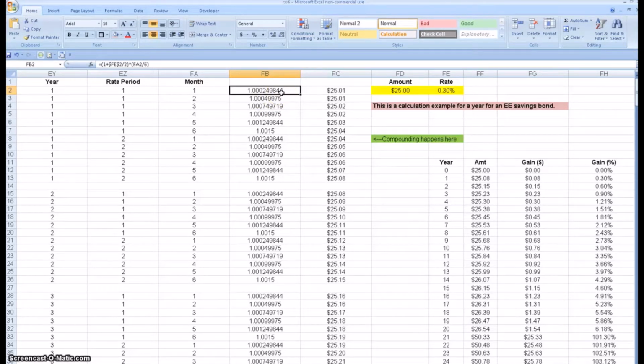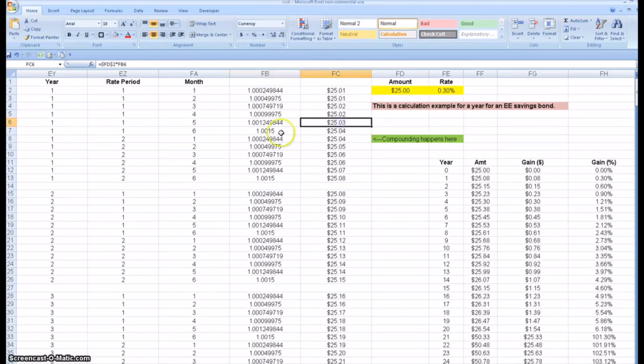Then you come down to the second month and do the same thing. You calculate this factor, and then take this $25 and multiply it by the factor again to get that number. And you keep doing that.